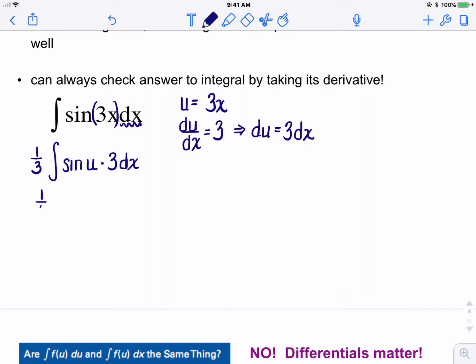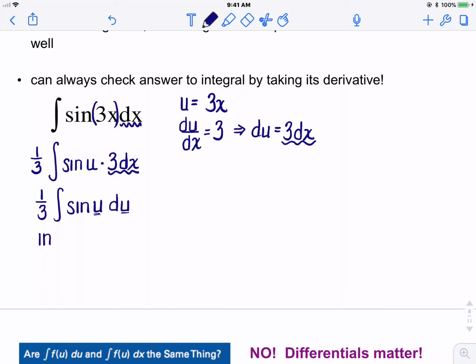Then I can go ahead and not only have my u in there still, but 3 dx's can now be replaced with du's so that I now have an indefinite integral whose variable of integration matches the variable I'm in. So now I'm going to take my antiderivative.